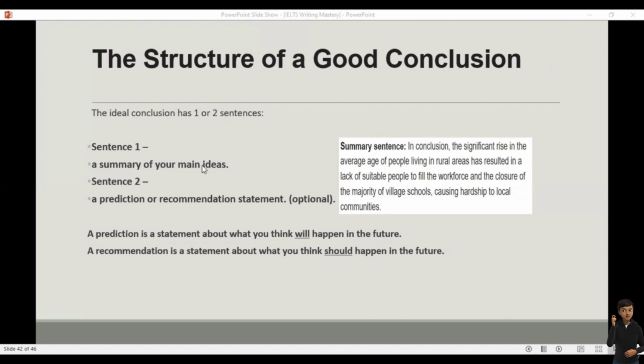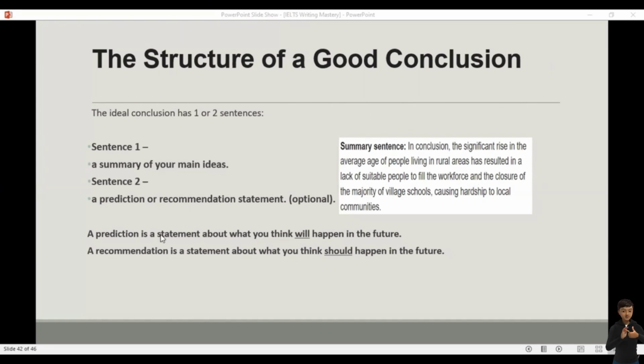Sentence 1 is a summary of your main ideas, and sentence 2 is a prediction or recommendation statement. This is the optional one. Here you can see the conclusion. In conclusion, the significant rise in the average age of people living in the rural areas has resulted in a lack of suitable people to fill the workforce and the closure of the majority of village schools, causing hardship to local communities. Okay, so this is the conclusion that we have done.